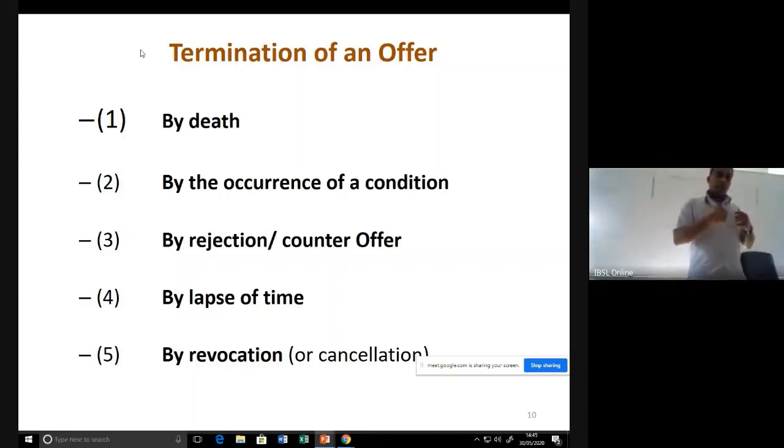Now what happened? Initial offer I made to Nimal. I am the offeror, Nimal is the offeree. Nimal didn't accept, but he in turn made a counter offer. He is now the offeror, I am the offeree. So what happened when he made a counter offer?